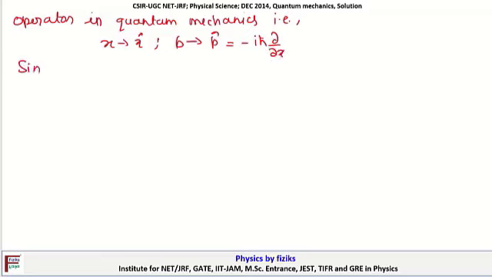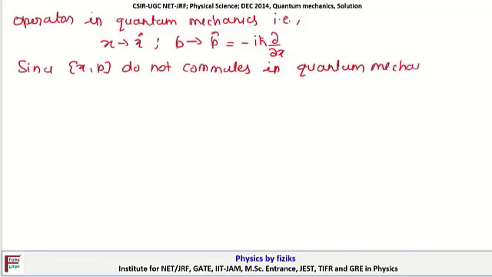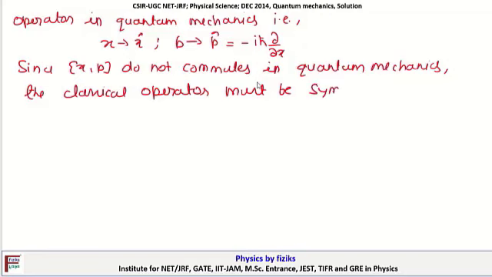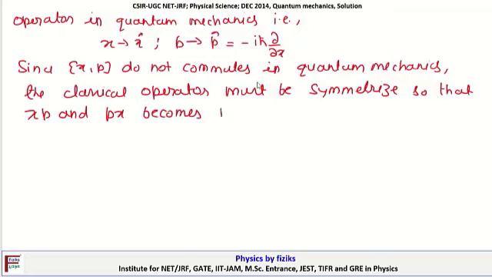Since x and p do not commute in quantum mechanics, the classical operator must be symmetrized so that xp and px become identical.